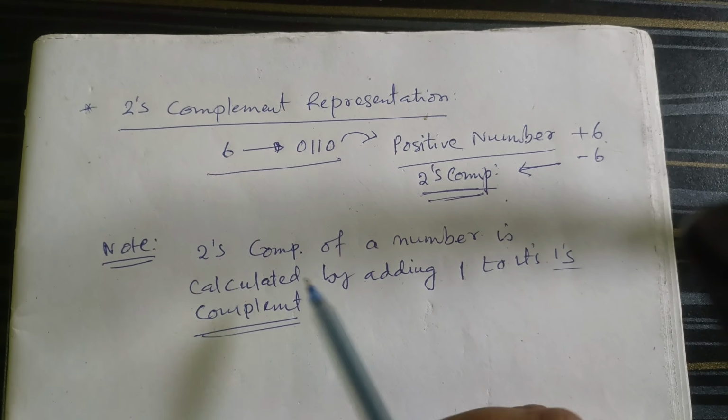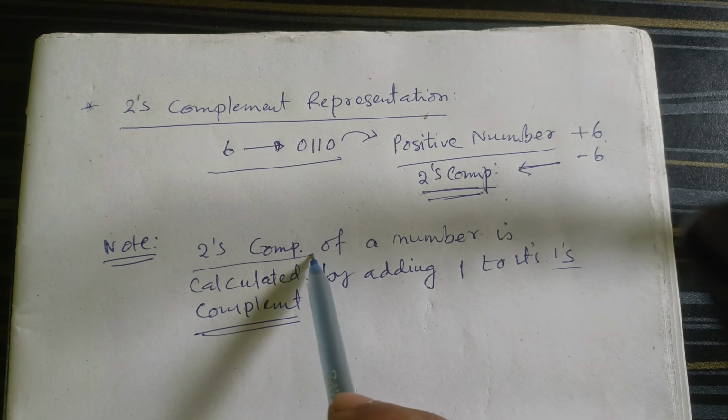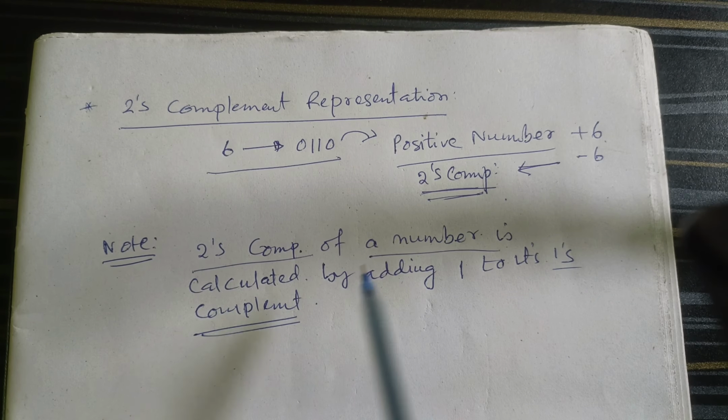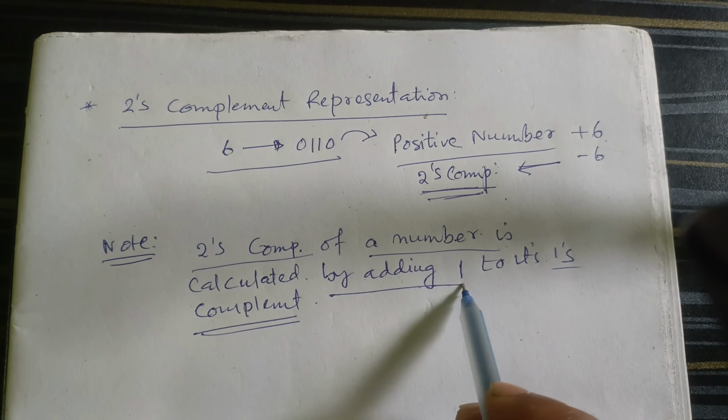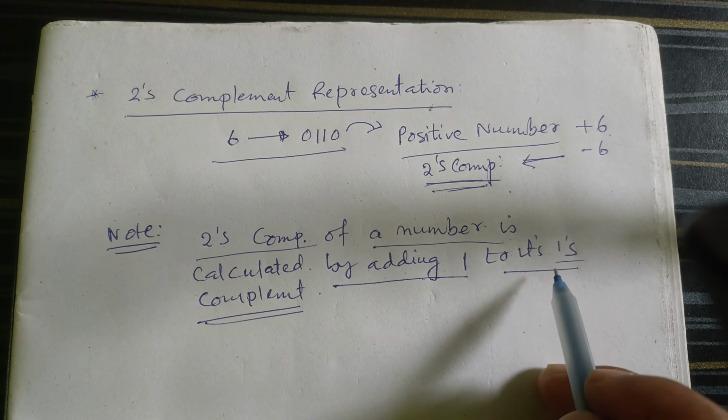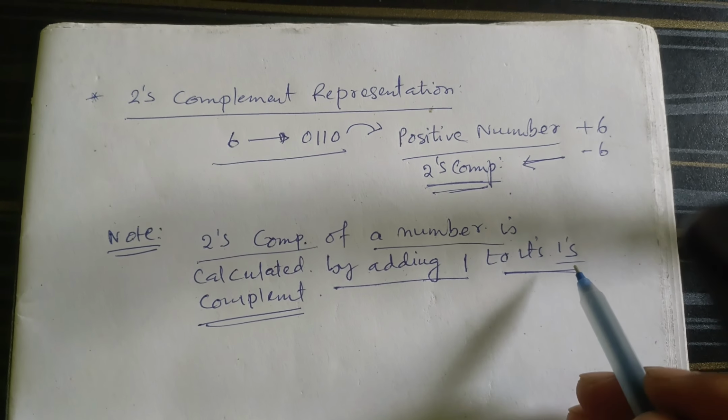So this is the rule. If you want to do a 2's complement of a number, then you have to add 1 to its one's complement. So you already know how to do a one's complement.